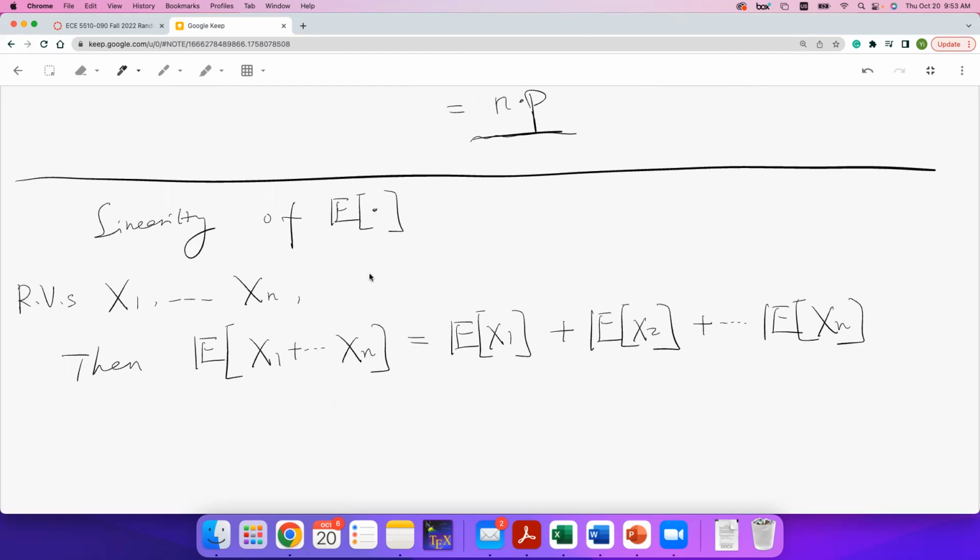There are no requirements on this. You sum up any random variables, their expectation corresponds to the summation of the individual expectations.